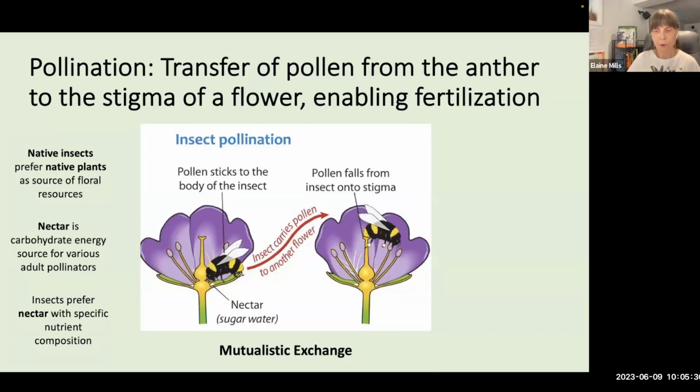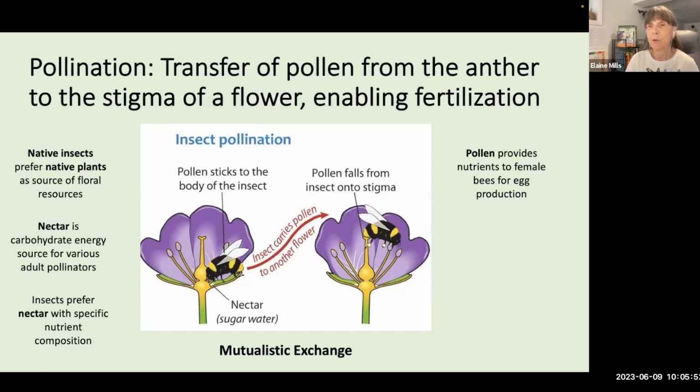Butterflies, moths, and long-tongued bees are going to prefer sucrose-rich nectar, while short-tongued bees and flies prefer fructose and glucose in higher percentages. Insects will also be looking for pollen, and bees will actually consume this pollen.